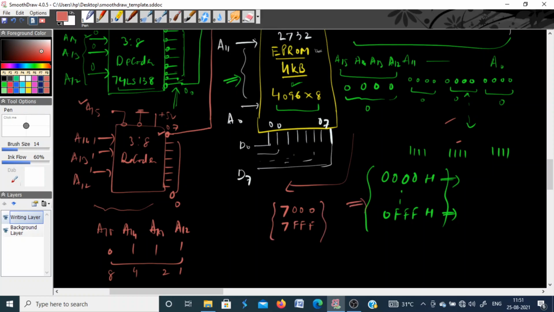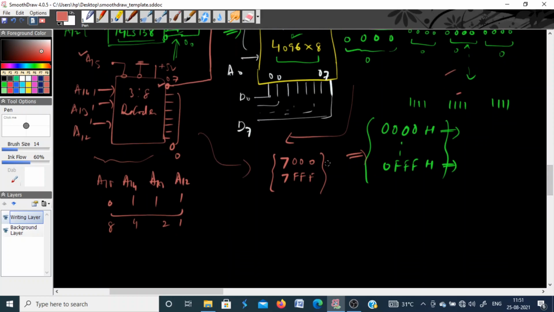So you have a different address range for this circuit. Take one more case: instead of connecting A15 directly to this pin, if I use an inverter circuit in between, a NOT gate, then to keep this input at logic 0, the A15 input must be kept at logic 1.